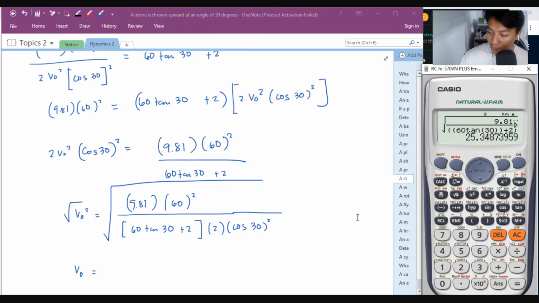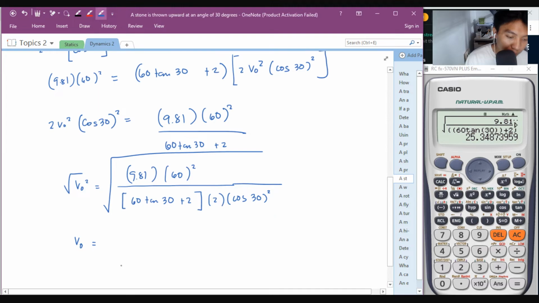The answer will be 25.35 meters per second.